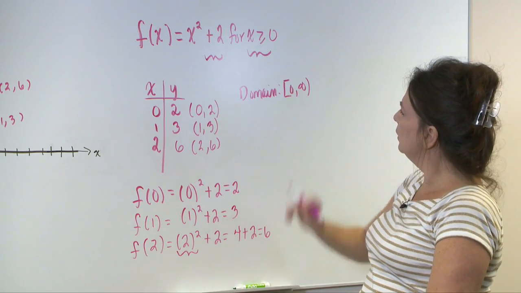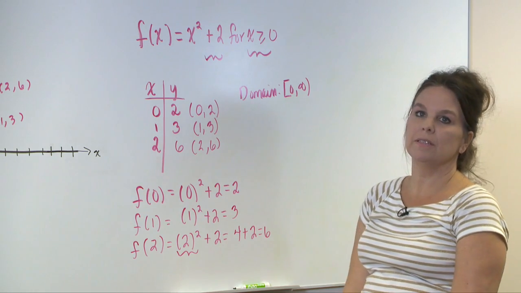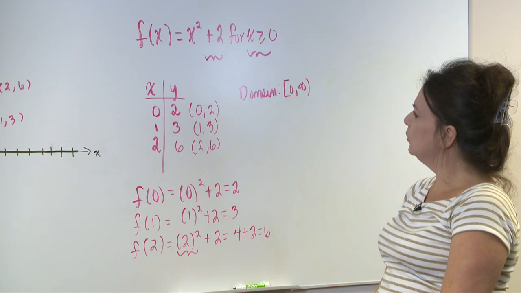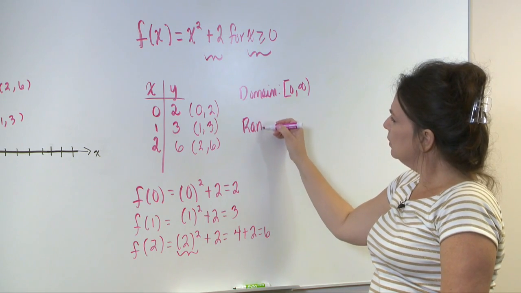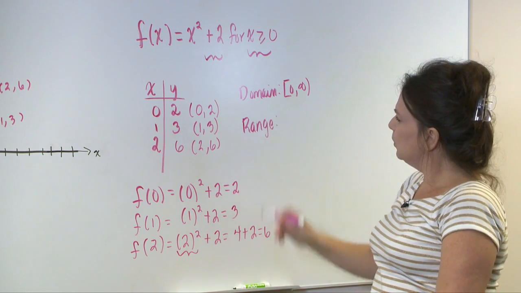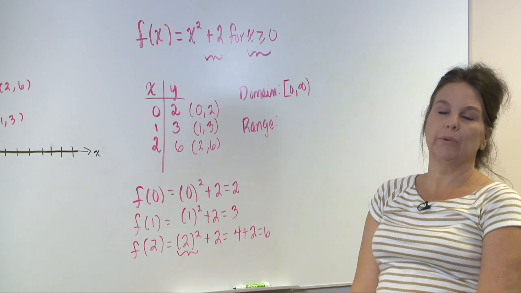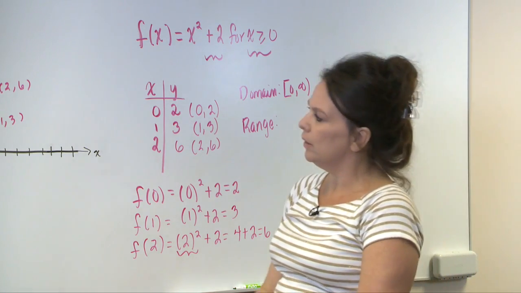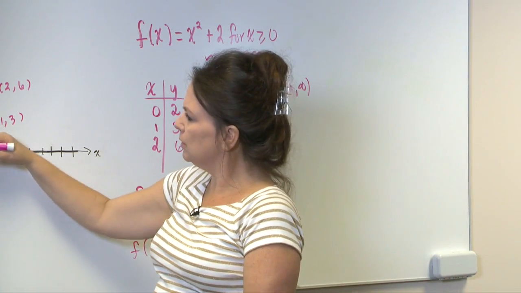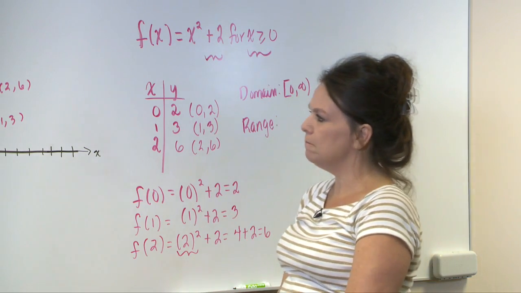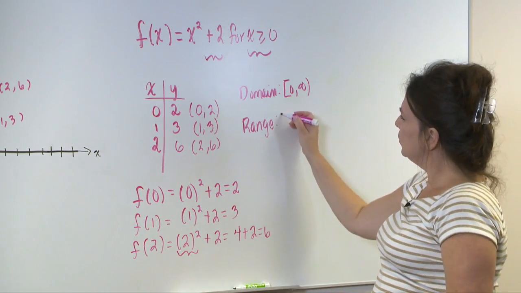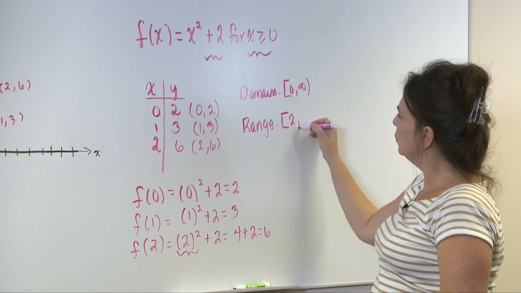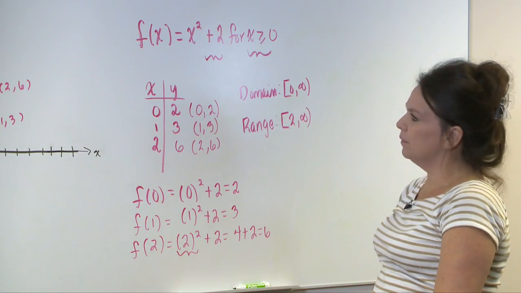And we're using an inclusion on 0 because it's greater than or equal to 0. The range, or the corresponding y values, or second coordinates. If I look at the graph and read it from bottom to top, the smallest y value that we have there is 2. And that point is included on our graph. So the range is 2 to infinity.